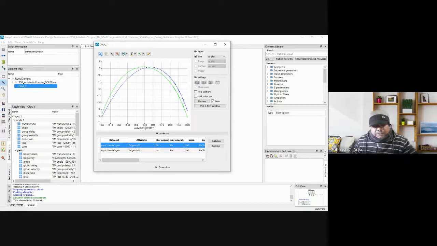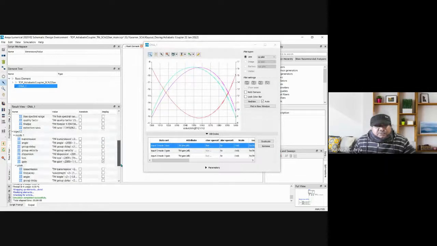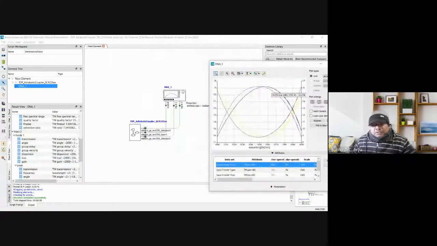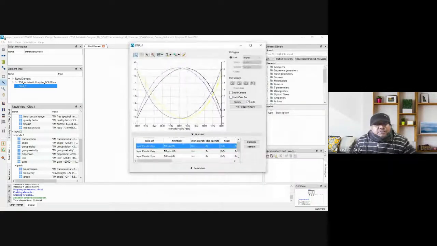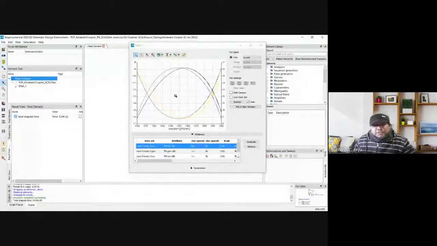So this is the difference between TE and TM mode, and I can show you the way I showed you earlier for gain loss also, the loss curve, which will be just the reverse of that. So you can see here, TE mode, TM mode. So I will save it.